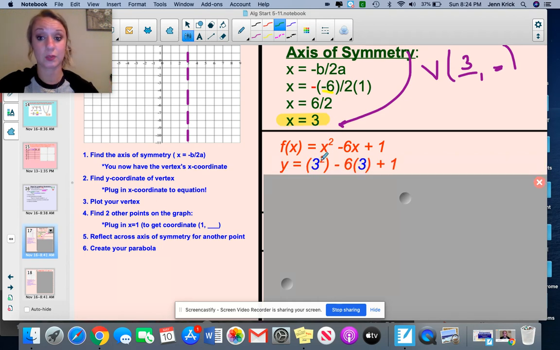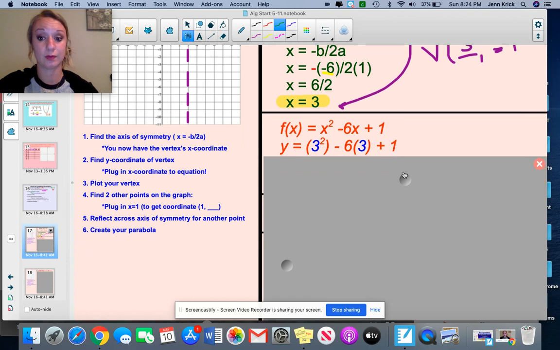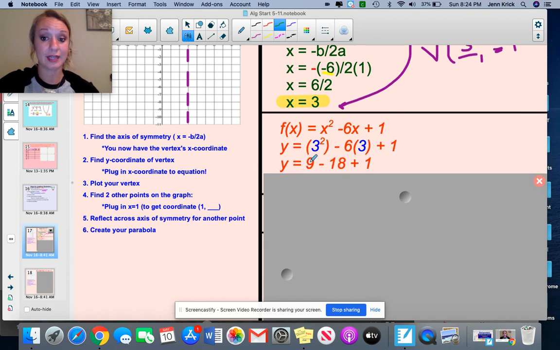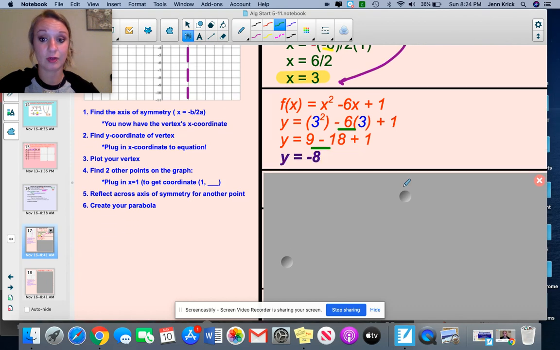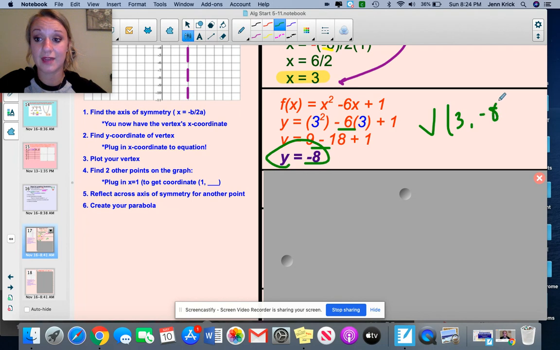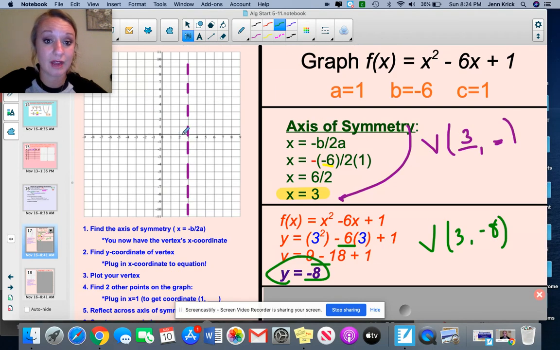So I've got 3 squared minus 6 times 3 plus 1. 3 squared is 9 minus 18 plus 1. 9 minus 18 is a negative 9. And then when you add 1, you get negative 8. So now you've got the coordinates for your vertex. It's 3 and a negative 8. So I'm going to come to my graph. I'm going to go to 3 and then negative 8, and here is my vertex.